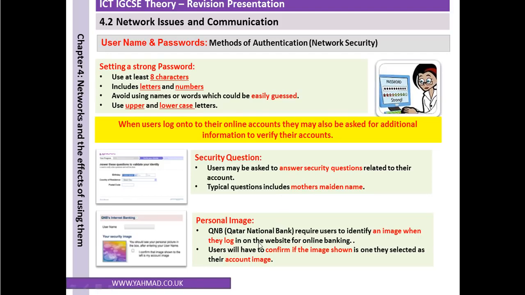Okay, also with online banking websites, users may be required to identify an image which is linked to their account. They have to select an image which has been selected and which links to your account. Users will have to confirm if the image shown is the one they selected as their account image. So as you can see, I have an image here. You may have to confirm this is your image or not.